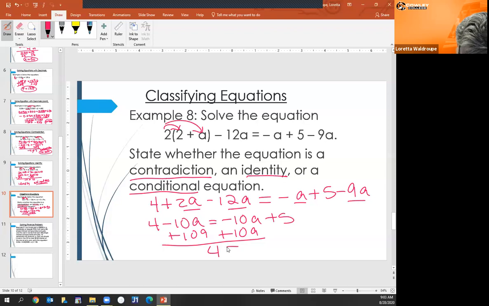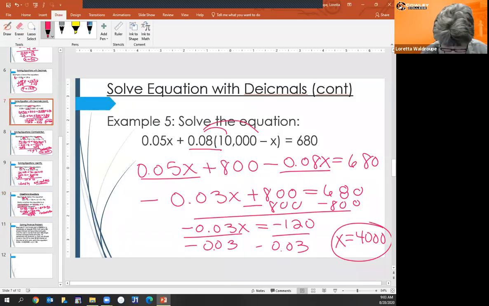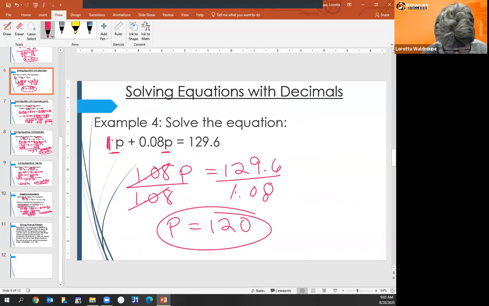And I get 4 equals 5. That's not true. So this one is a contradiction. But if we go up here where we got x equals 4,000, that's conditional. P equals 120, that's conditional. This equation is true on the condition that P equals that value. Okay?